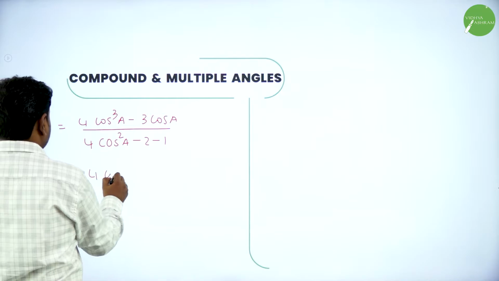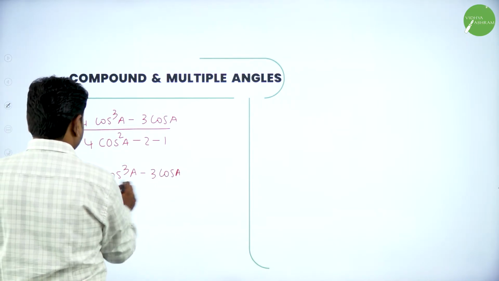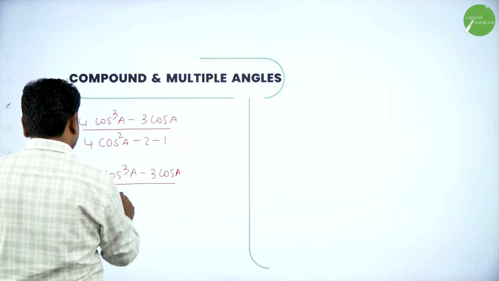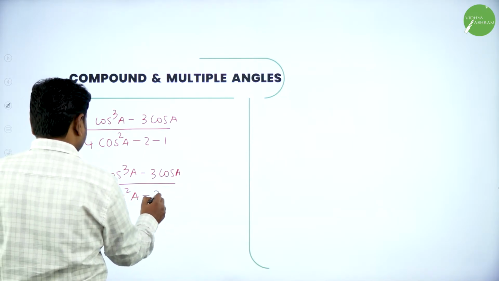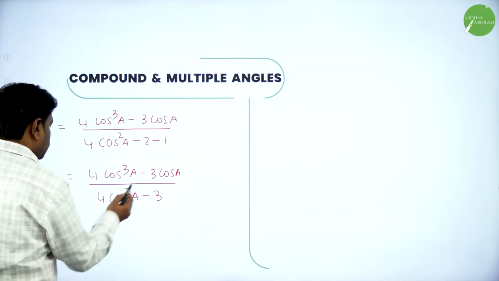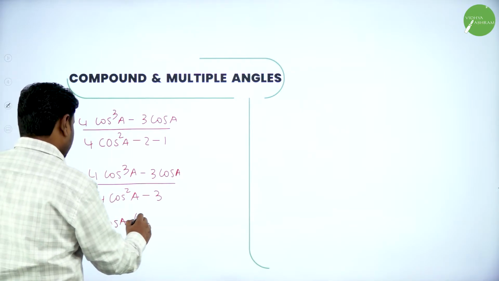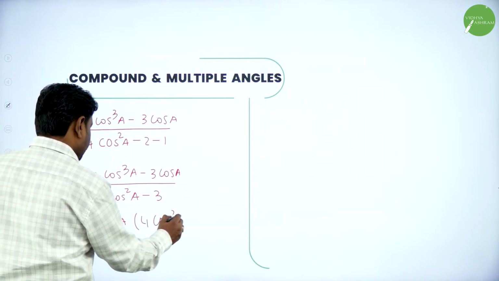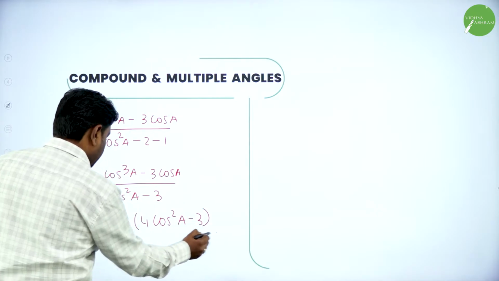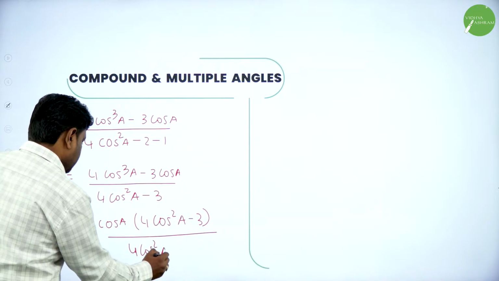So it will become 4 cos cube a minus 3 cos a divided by 4 cos square a minus 3. Now further in the numerator you can take cos a common. If you take cos a common, you will be left with 4 cos square a minus 3, divided by, in the denominator, 4 cos square a minus 3.